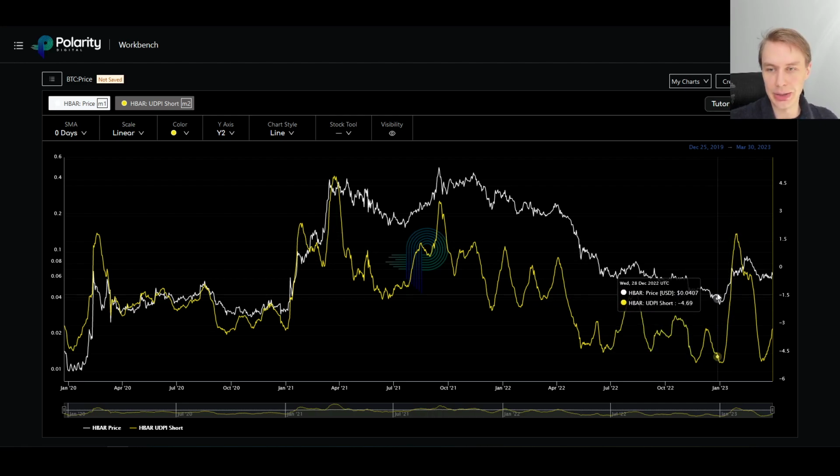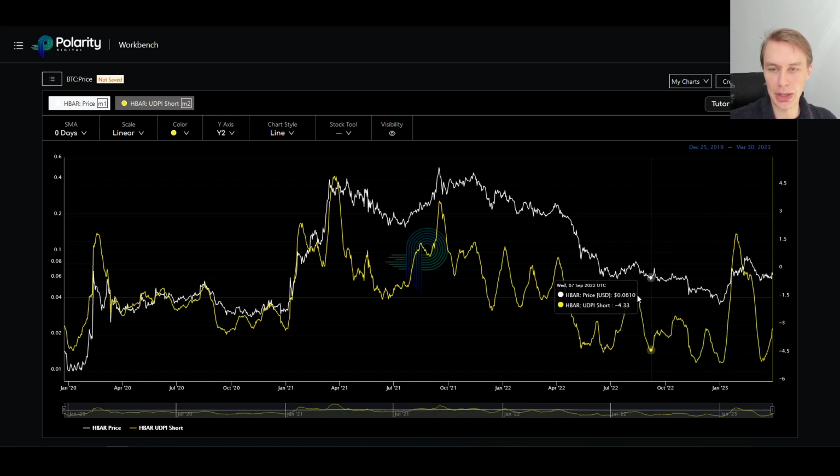And so that led to this big move up in price, and then the short-term UDPI actually tapped out at around 1.87, and we had one more run up a bit more before we came back down, and that's where the short-term UDPI really cooled off, going down all the way to about negative 4.8. And so now we've actually started to move back to the upside in the short-term UDPI, as price has slowly started to grind back up.